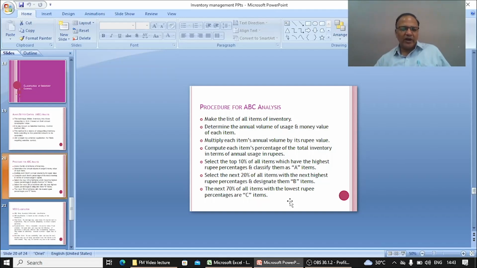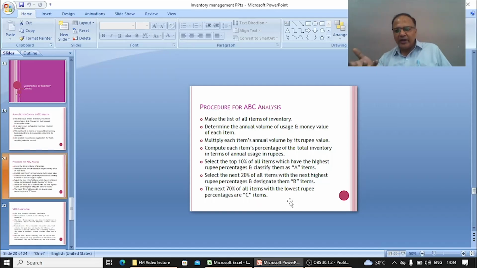Now you have to find out the top 10% items which are consuming the maximum percentage of money invested by the organization. It means suppose the total money spent by you is around 1 crore rupees, then you have to find out that total 10% of items.